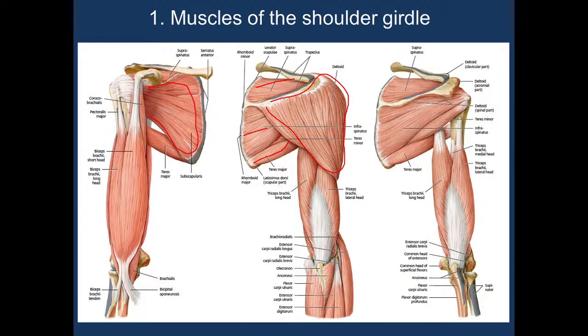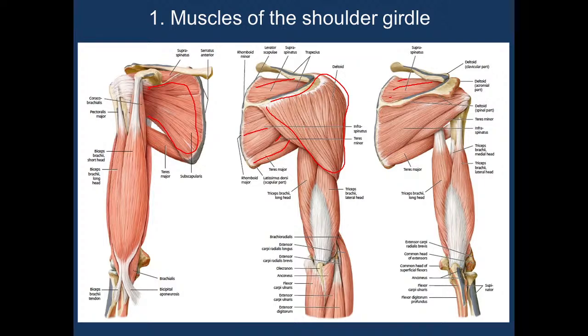Four muscles on the back surface of the scapula. And also here visible are all four muscles on the dorsal or posterior surface of the scapula.